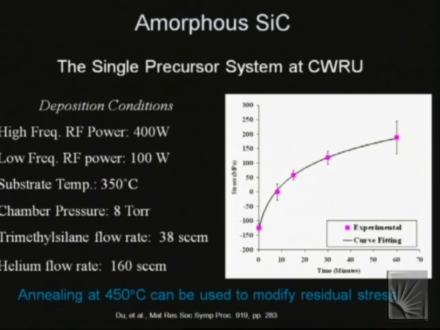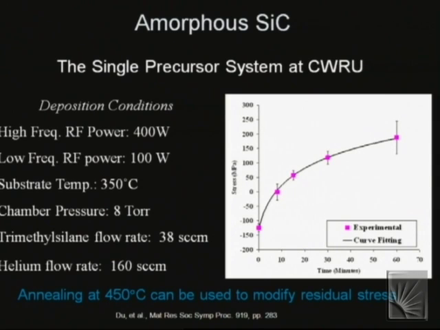Now, I haven't mentioned anything about the amorphous silicon carbide films here at CWRU, and I'm ready to do that now. The application space for those particular films at present is not on polymeric substrates, but rather as a non-biofouling surface.